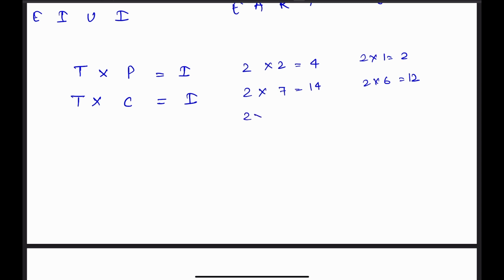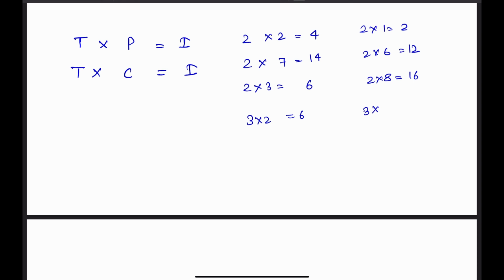If I take 2 into 3, it will be 6. 2 into 8 will be 16. If I take in terms of 3 into 2 is 6, and then 3 into, okay, in 3 there is nothing.